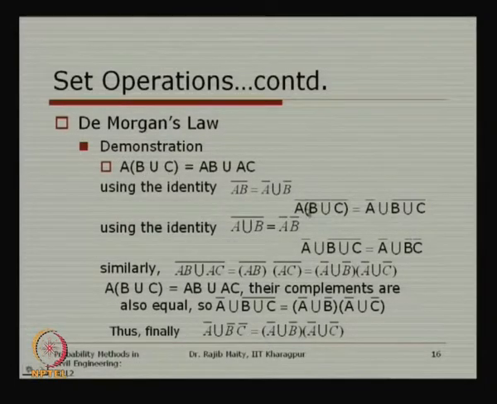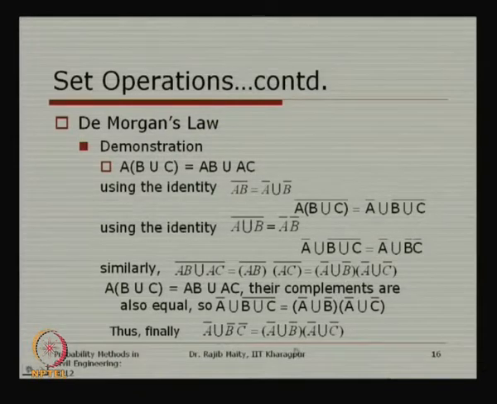This is nothing but the complement of the left-hand side, and this one is the complement of this one. So if these two are equal, then these two are also equal. So I can write that this entity is equal to this entity. I am just writing this one here and this entity here.